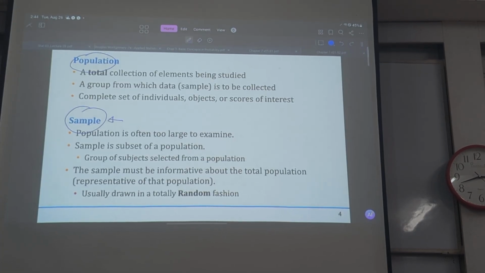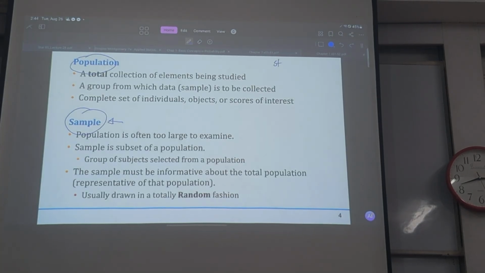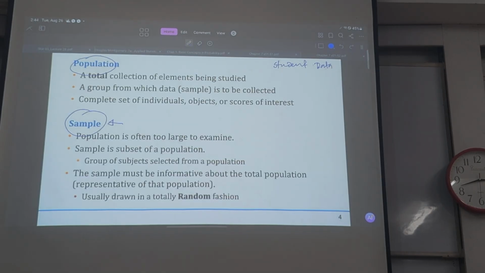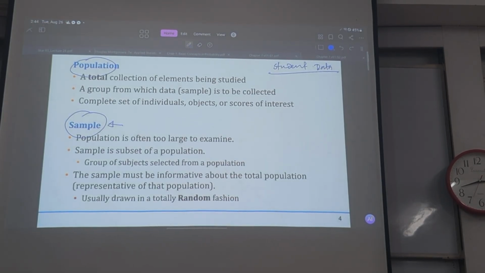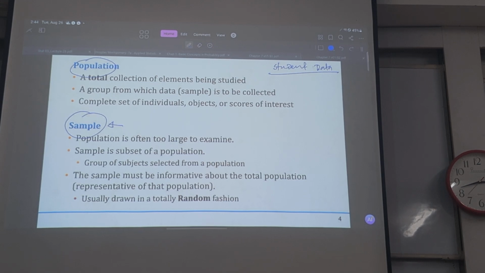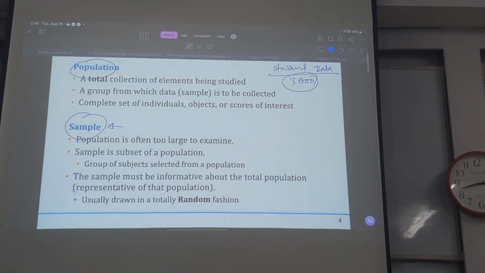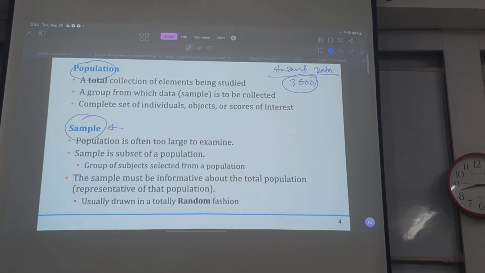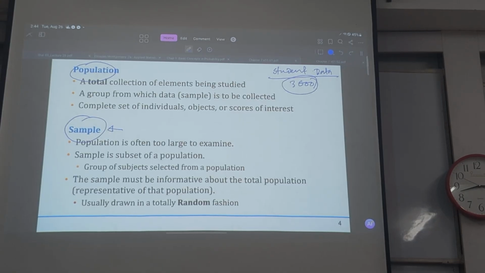A simple example could be, let's say there is student data in IT. Now we can have two options. One is we have student data that consists of all 3,000 students, their CGPA, height, weight, many other things can be there.